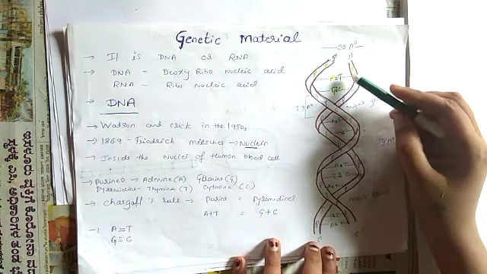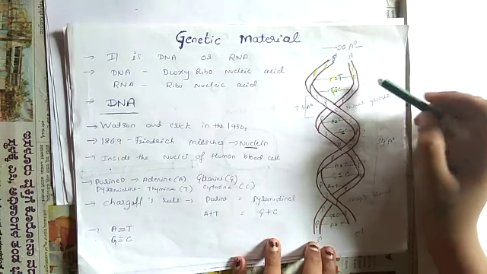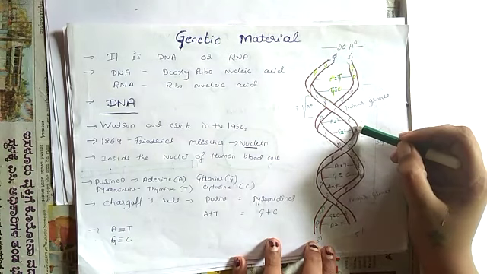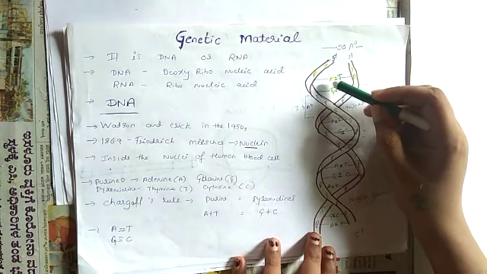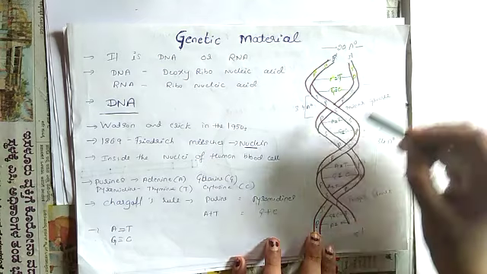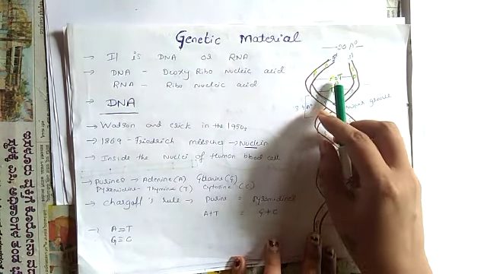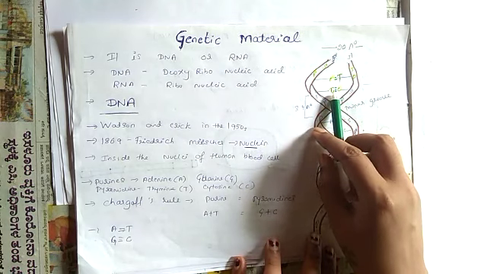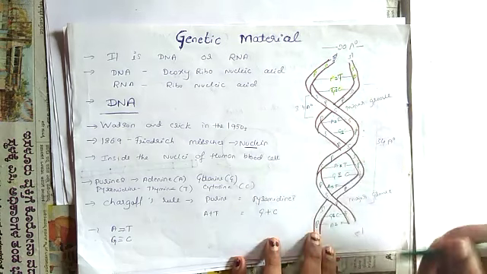Now both the strands are held together by purines and pyrimidines. They are A, T, G, C: adenine, thymine, guanine and cytosine. Between adenine and thymine there is a double bond of hydrogen, and between guanine and cytosine there is a triple bond of hydrogen.